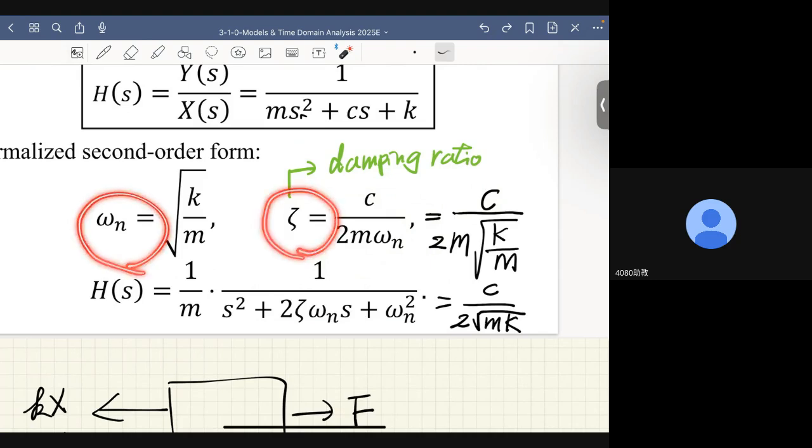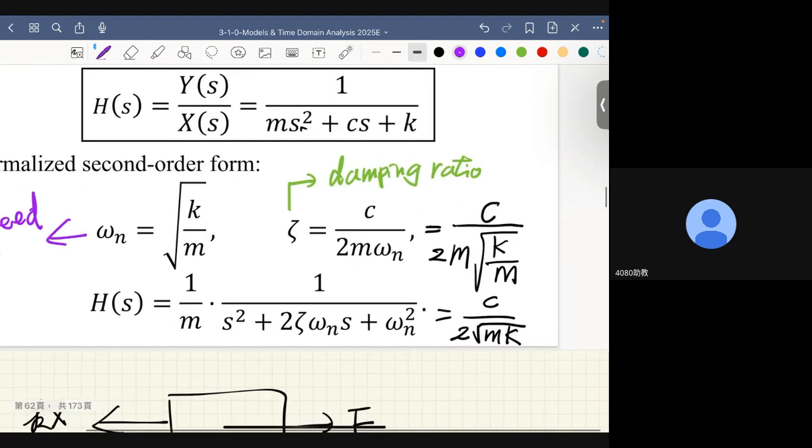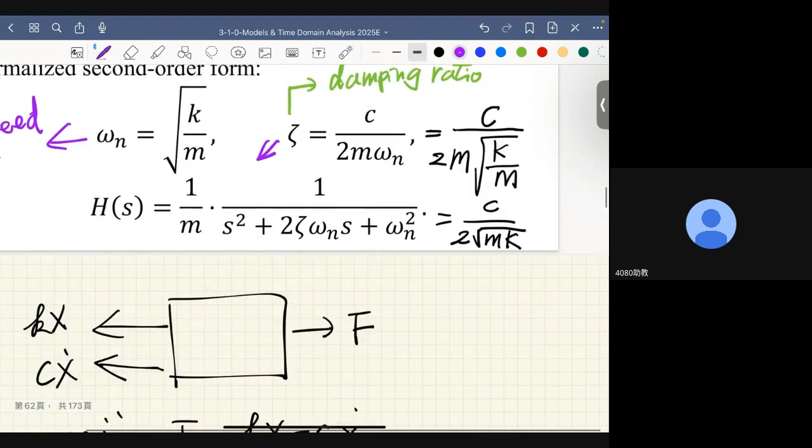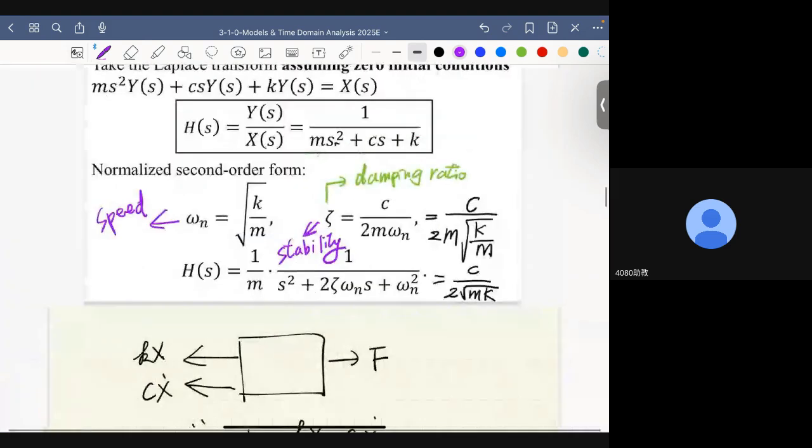Okay, as you will see in the future, omega n is closely related to the speed of response of the system, and eta, by contrast, is closely related to the stability of the system. Okay, and these two are probably two of the most important aspects for a control system.